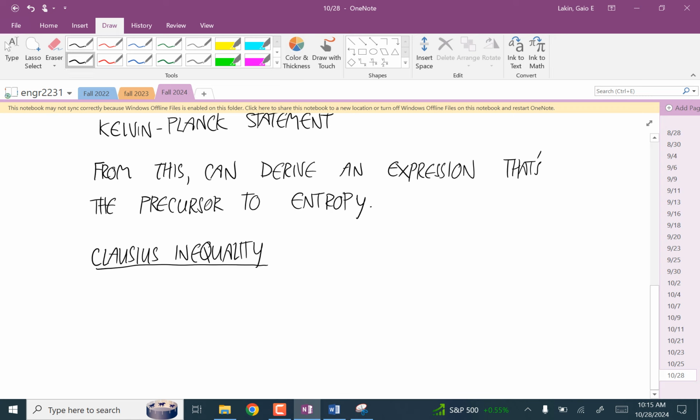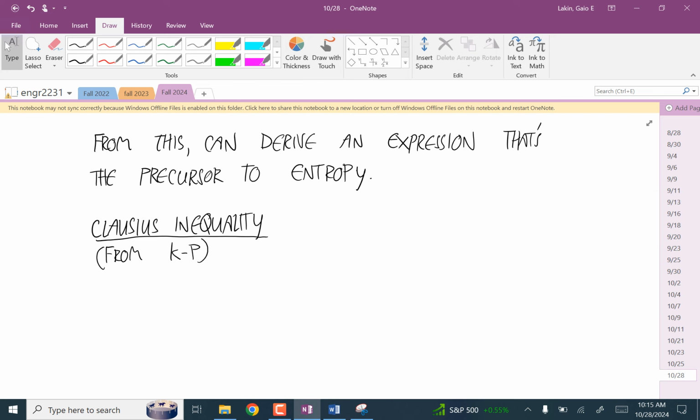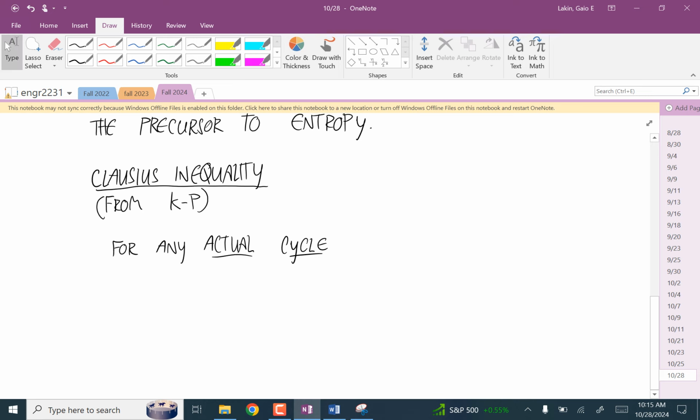The Clausius inequality, which is from the Kelvin-Planck statement, says for any actual cycle, so both the fact that this is actual and the fact that it's a cycle are important, the integral over this cycle of all the increments of heat transfer divided by the temperature at which heat is transferred around the boundary of the system is less than or equal to 0.